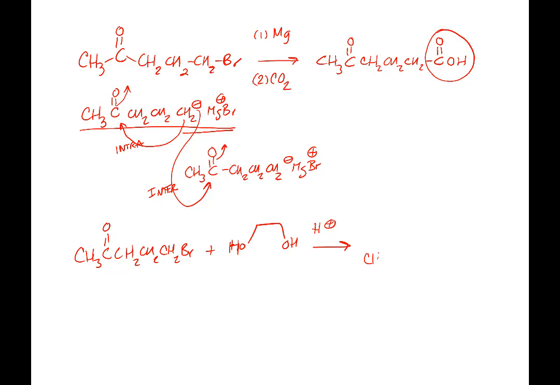So I'm going to have a CH3 attached to the carbon with the ethylene glycol, in this case a ketal, being formed. And then on the other side, I'm going to have my bromide.